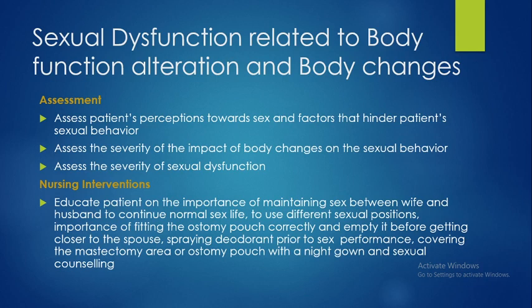Then as a nursing intervention, what we have to do is educate the patient on the importance of maintaining the sexual relationship between wife and husband to continue a normal sex life. Whatever happens, the spouses, wife and husband, should continue their sexual relationship in a normal manner.